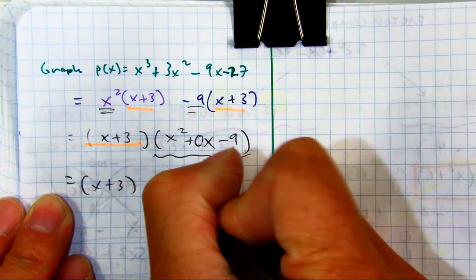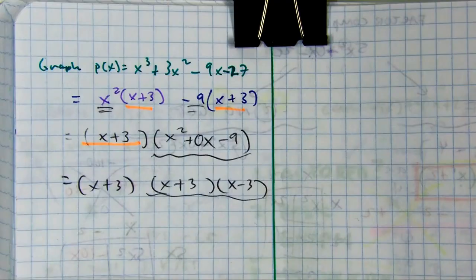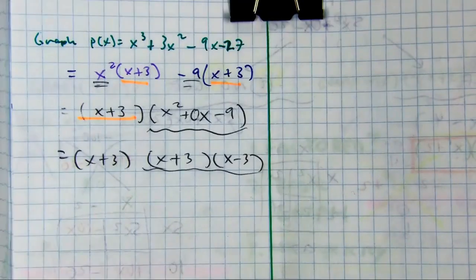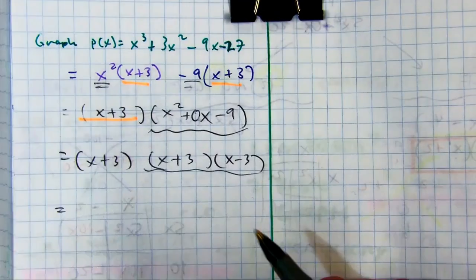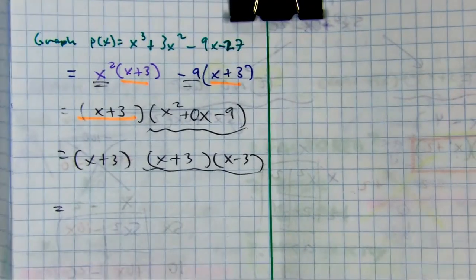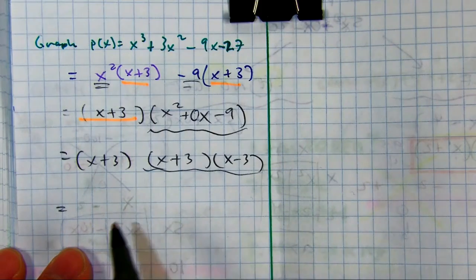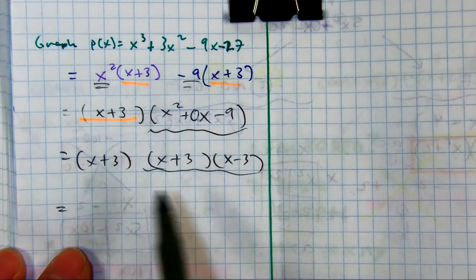So x plus 3, x plus 3, x minus 3. And then you notice that you have something called a perfect square trinomial. Those x plus 3s, you have two of them. Well, you can put them together. Let's go ahead and do that.